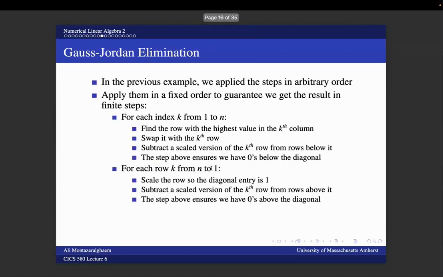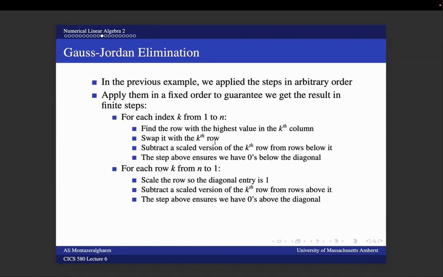So for example, for each row that we have here, with index k from 1 up to n, at first we want to find the row with the highest value in the k-th column, and then we swap it with the k-th row, right?